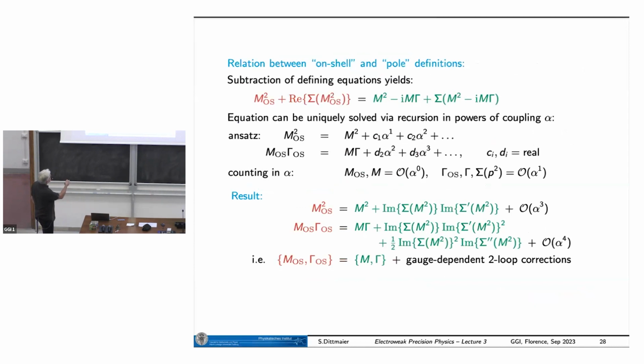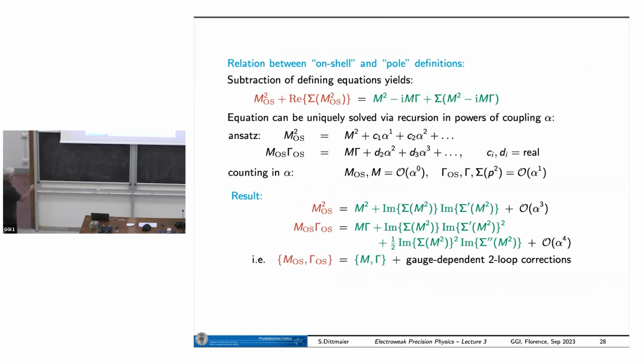So this gives me a recipe for how to translate the renormalized values in this scheme to the other one or the other way around. I can solve this equation in terms of a perturbative expansion, separating one loop level, two loop level, everything. And what you will find is just summarized in these formulas here.